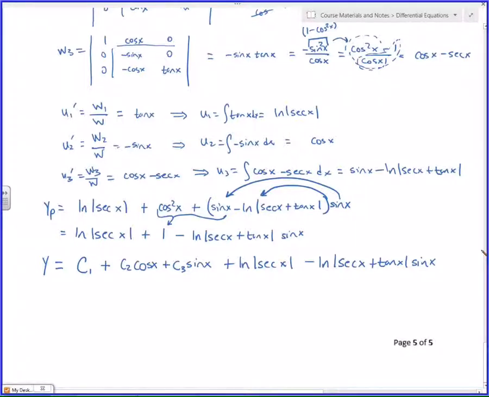Something's missing. The 1, why did I just drop the 1? There's a C1 arbitrarily. I absorbed it into the arbitrary constant C1. Technically that's like a new C1, but it's still just a constant, right?